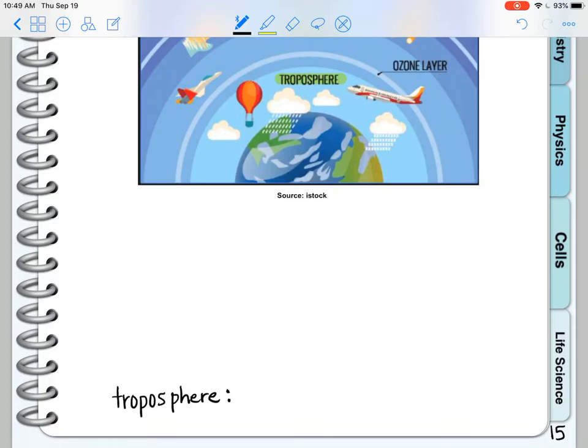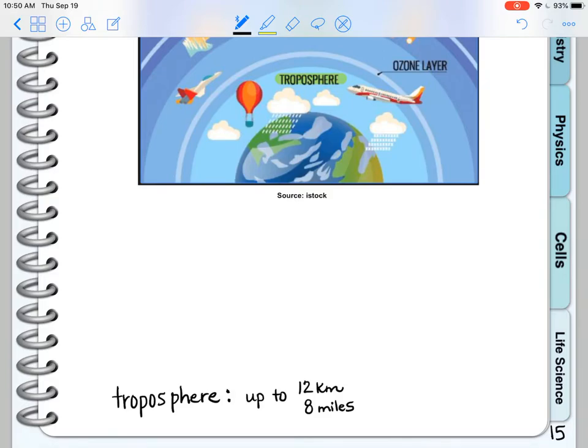The troposphere is going to be about from the surface of the Earth up to 12 kilometers if you're a metric system person, or 8 miles if you are a standard system person.